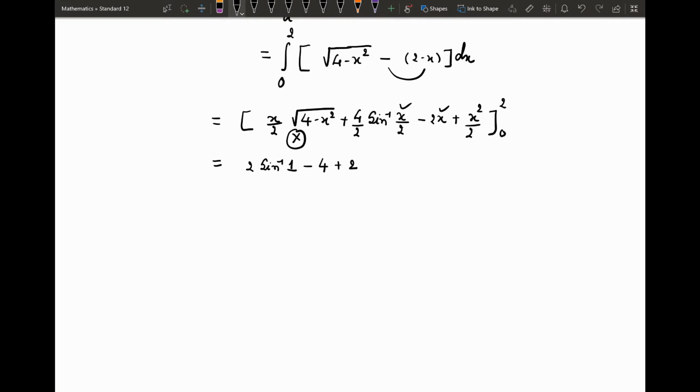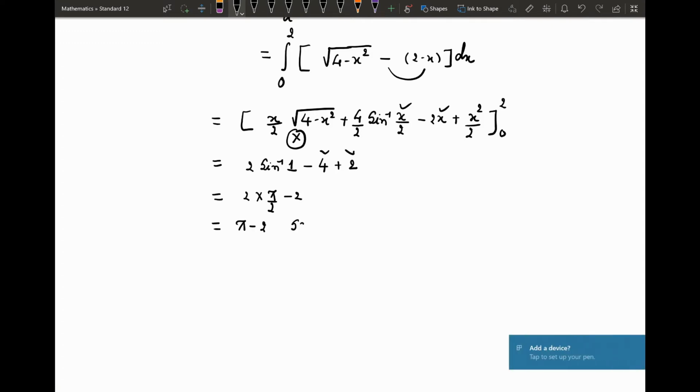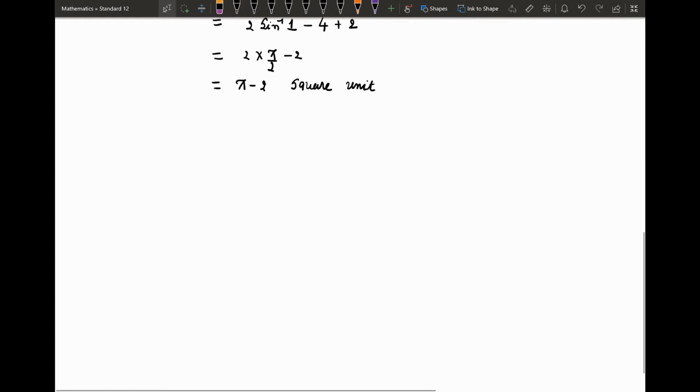In the case of the lower limit, it will be 0, so this is 2 sine inverse 1, that is pi by 2, plus 2 minus 4 minus 2, so the answer will be pi minus 2 square unit. Next example.